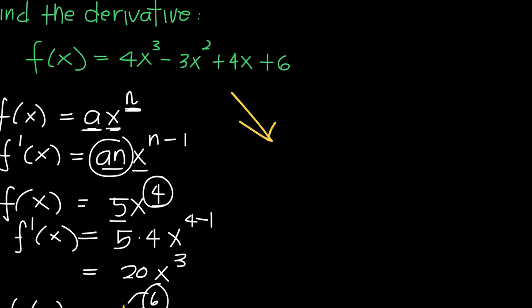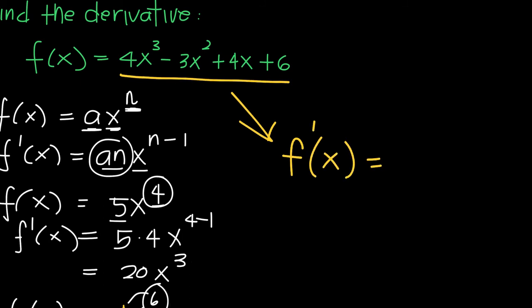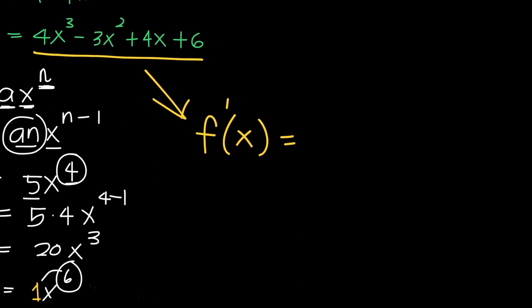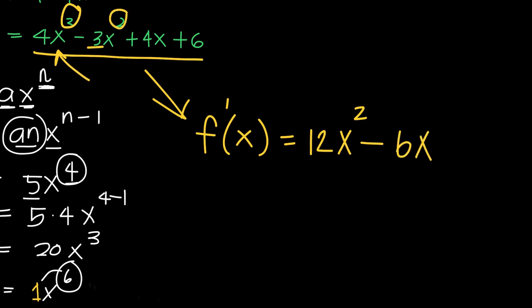So in this one, if we have f of x is equal to 4x cubed minus 3x squared plus 4x plus 6, combining all the things that we have learned, the derivative, which is denoted by f prime, is first 4x cubed. That would be 12 because of 4 times 3, x raised to 2, less 1 from the exponent all the time, minus 3x squared, that's 3 times 2, that is 6x, and then 2 minus 1 is 1.